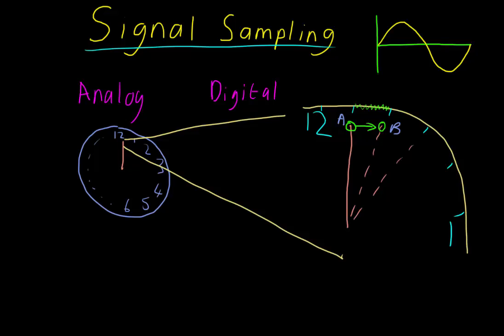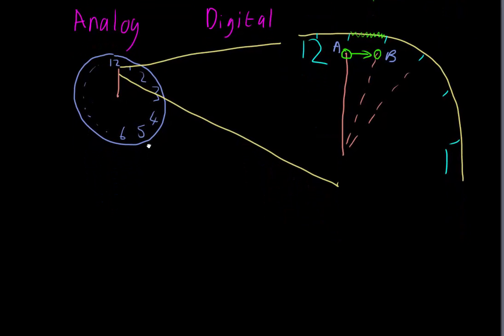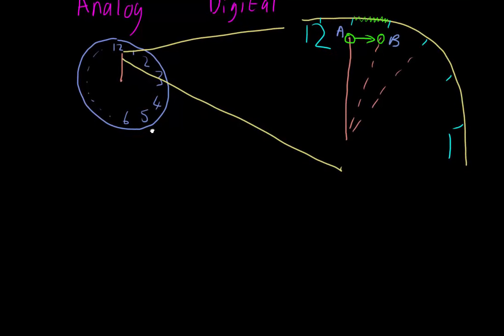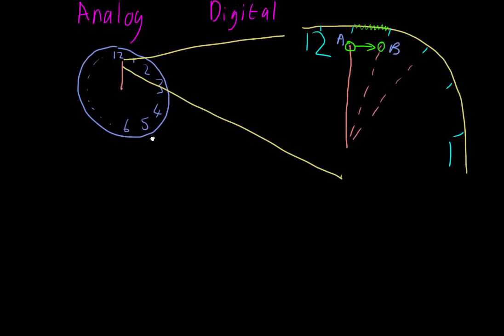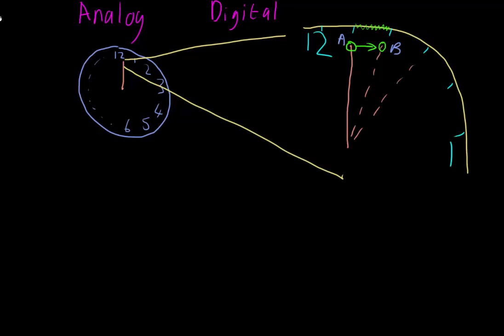So that's what analog representations are. They can represent data in infinite number of ways, down to infinite accuracy.